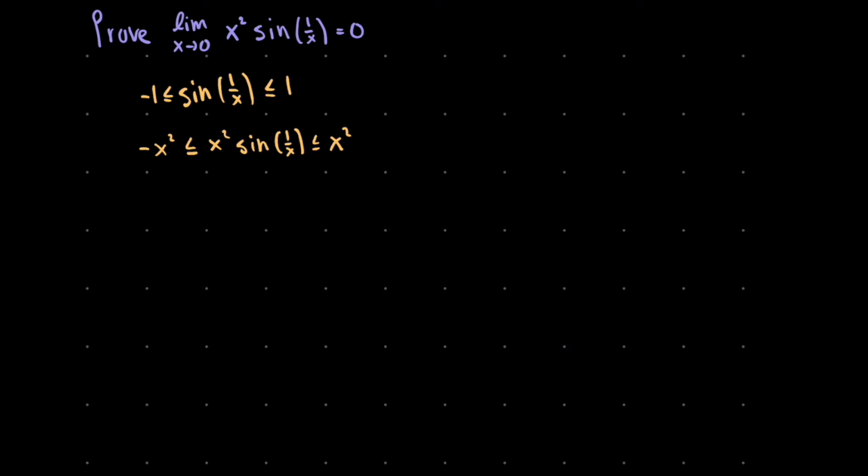We've shown that the equation we're trying to prove is in between two other equations, in this case minus x squared and x squared. Let's see if they have the same limit when x is 0. Thankfully, they do. We have that the limit as x goes to 0 of x squared is equal to 0, because 0 squared is 0, and that's also equal to the limit as x goes to 0 of minus x squared, because minus 0 squared is still 0.